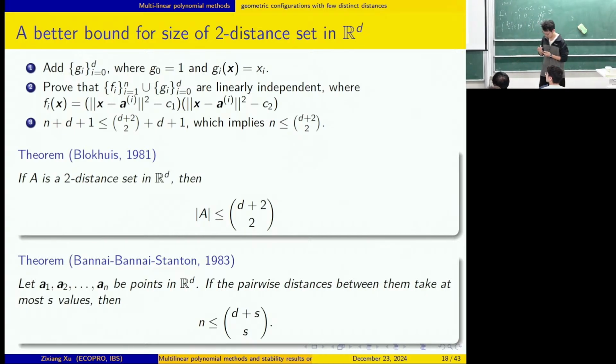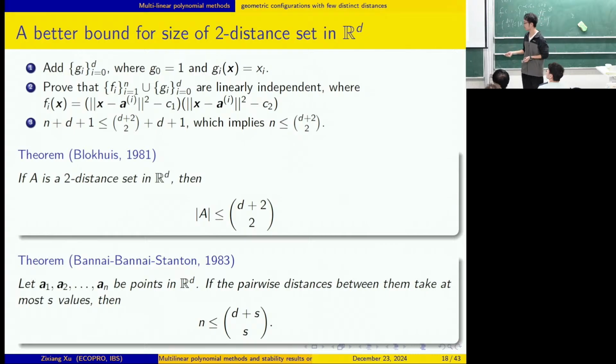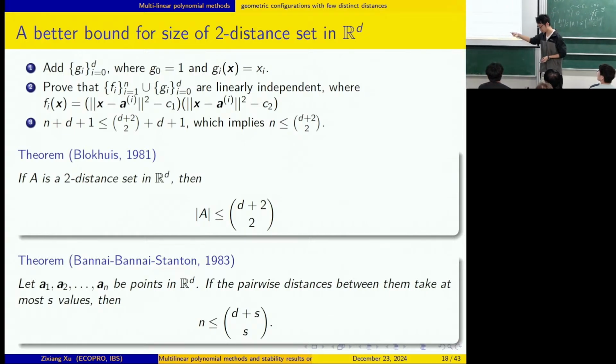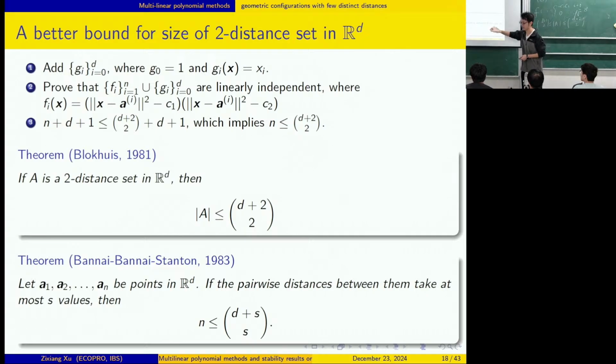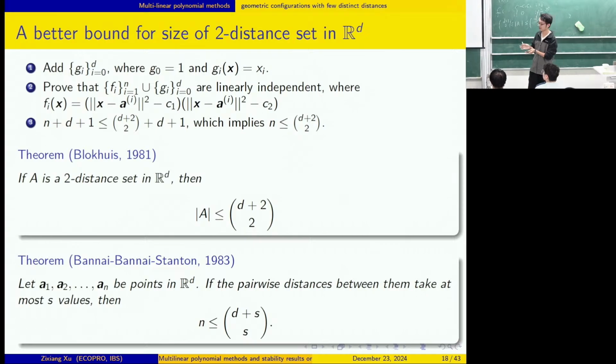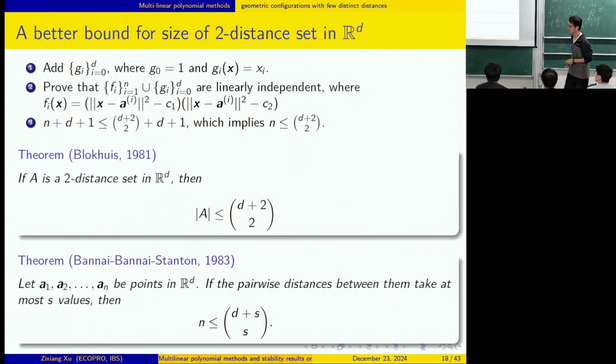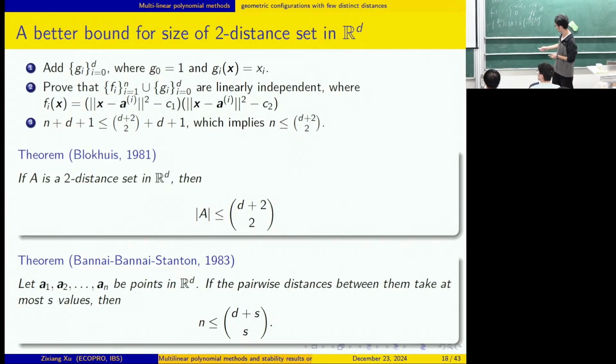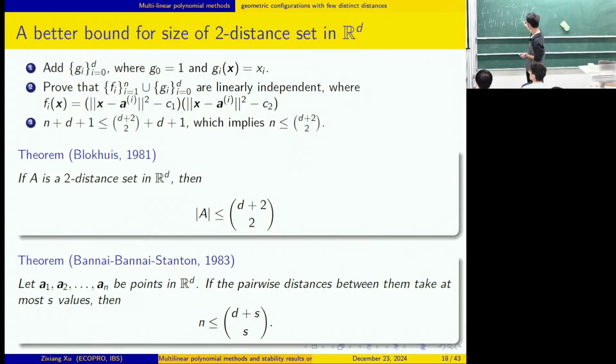One thing I'm curious about is that there are maybe more than 3 different proofs of this final result, and all of them use different algebraic techniques, but no purely combinatorial proof. And this is the current best known upper bound. There is still some gap from d plus 2 choose 2.